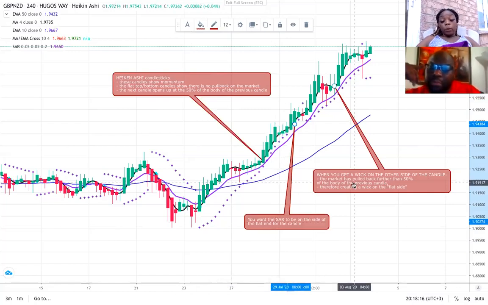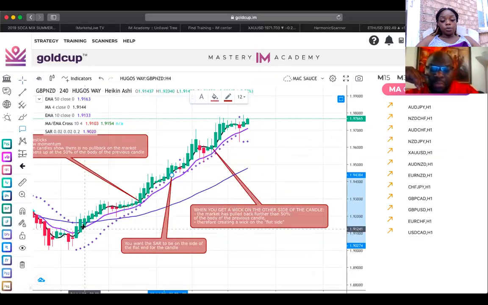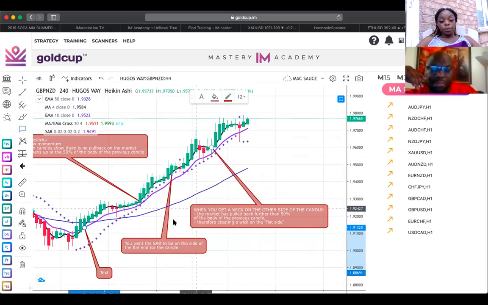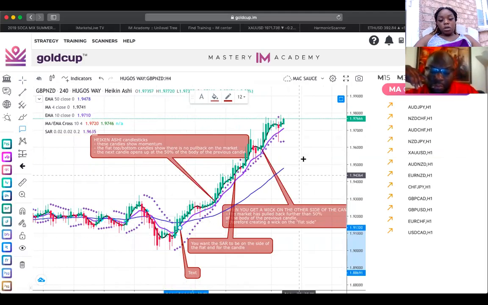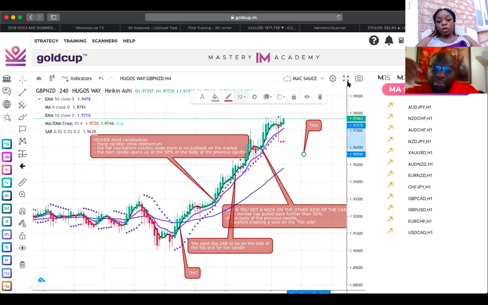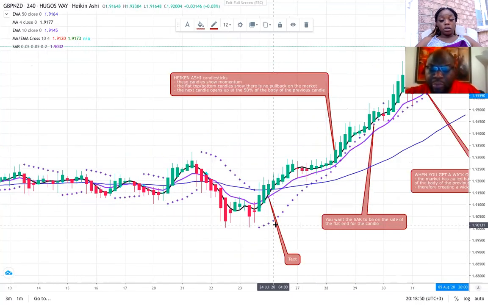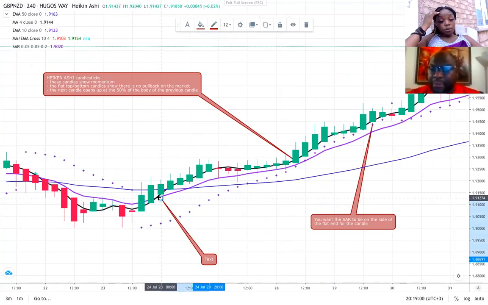Cool. All right. So when you're looking to enter into this trade, you want the crossing of your moving averages, the 10 and the 4, right?